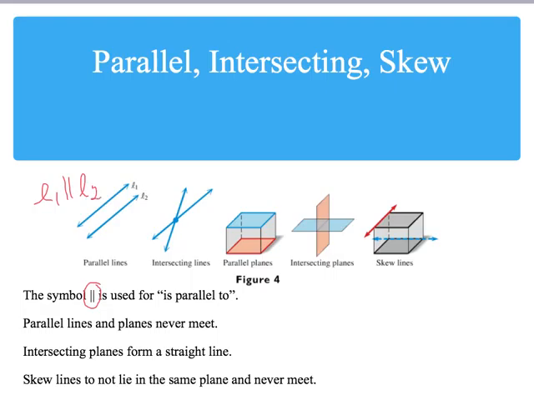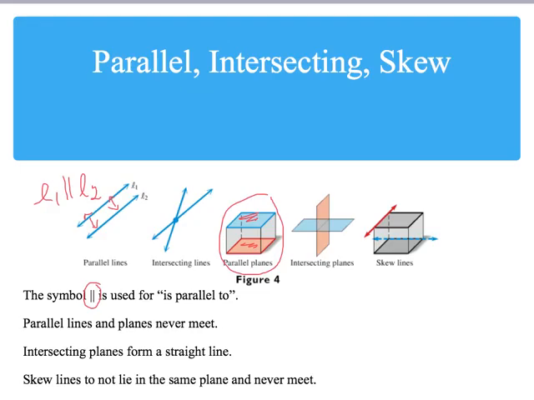Parallel lines and planes never meet. Notice here, they say the same distance apart from each other all the time, which means they're never going to touch. If I look at the center here at the parallel planes, the blue plane and the red plane are staying the same distance away from each other, so they're never going to touch.